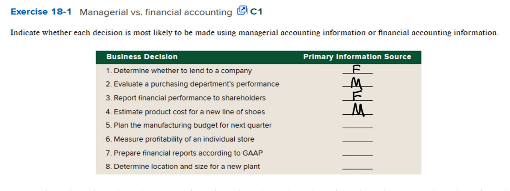Number 5, plan the manufacturing budget for next quarter. This is managerial accounting information that's used. The reason why is because this is a budget thing. So anything that's budget related, if you see something that says a production budget is being prepared for a specific product, or if you see that the overhead cost is being estimated so that a budget can be prepared, anything budget related is internal to the business.